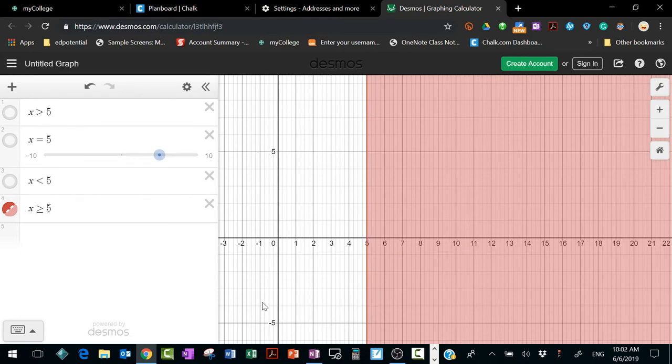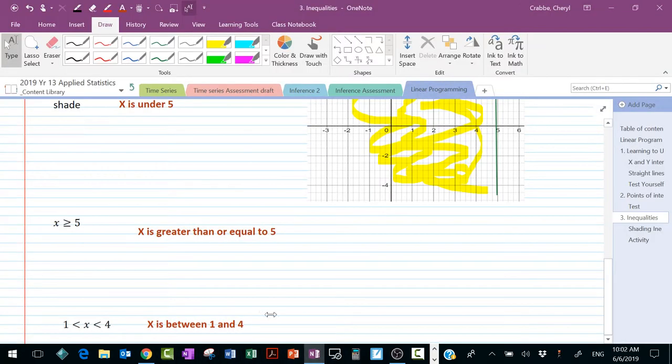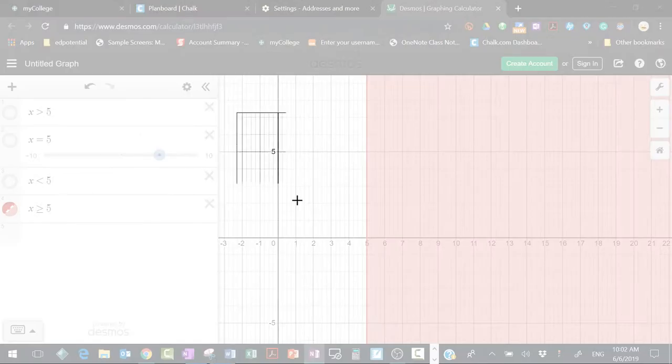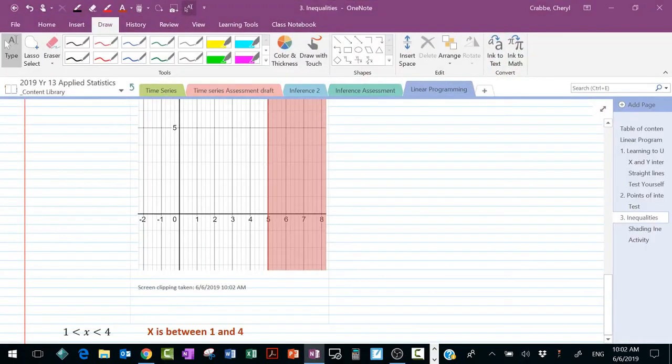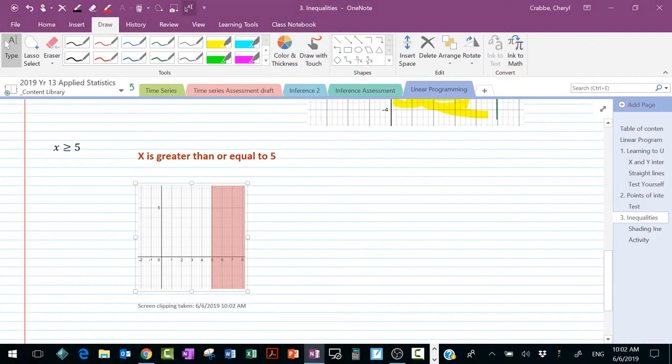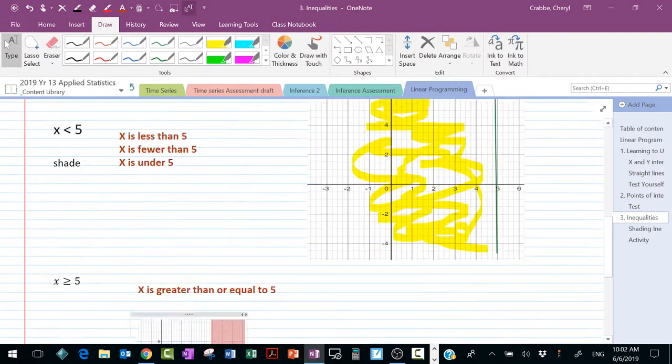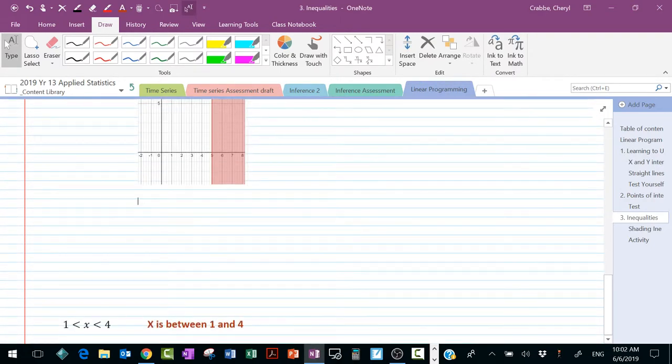Then if I want, I can screenshot that and put it in here. You guys have to do it a little bit harder than me, but just a little snippet of that. You can make it a little bit smaller and throw it in there. Then we've got a little screenshot of x is greater than or equal to 5, and the only difference from the top one is that 5 is included as part of the solution.